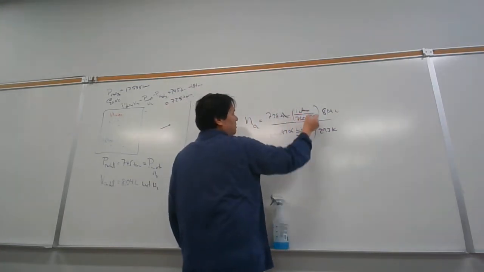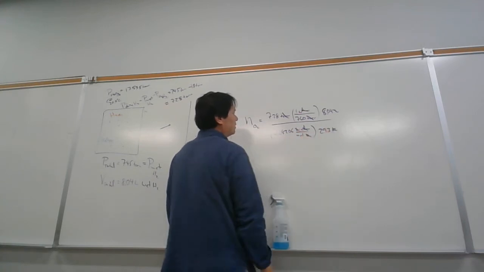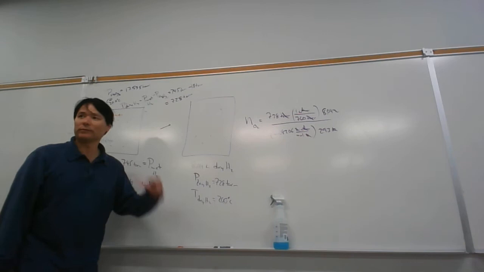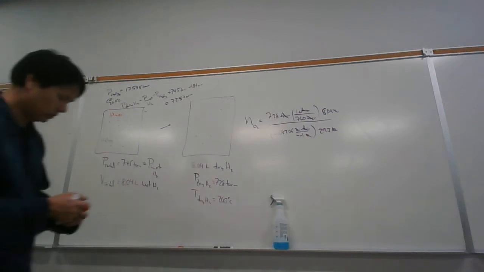So the torr cancel, atmospheres cancel, liters cancel, Kelvin cancels. And that should give me moles, which is going to come out to how many moles? So 728 divided by 760 times 8.04 divided by 0.08206 divided by 293. 0.3203.